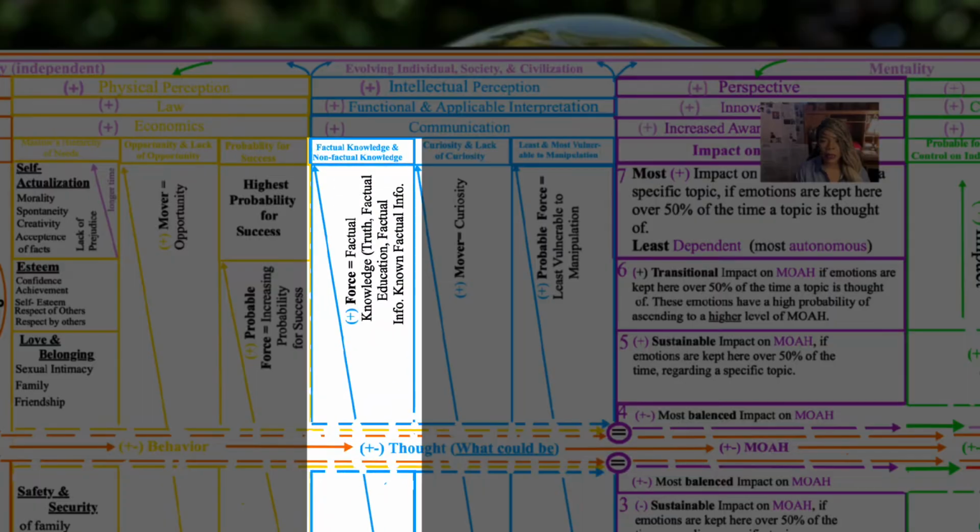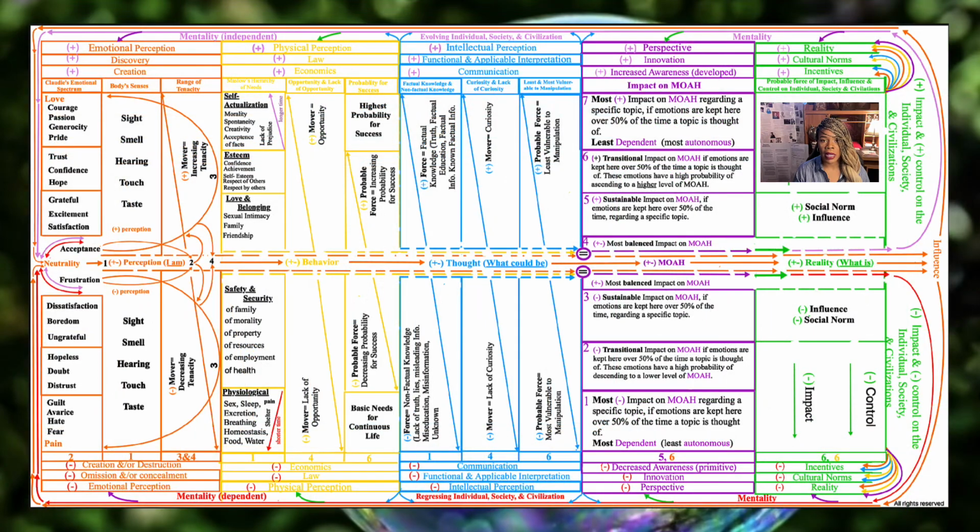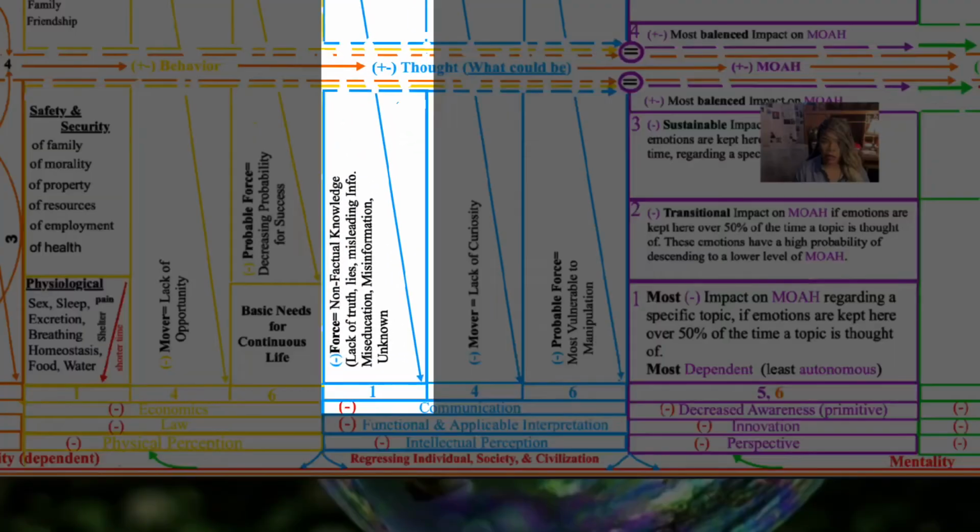In the intellectual category, factual knowledge and non-factual knowledge are forces because it is here that a regressing or evolving individual, society, or civilization are determined.